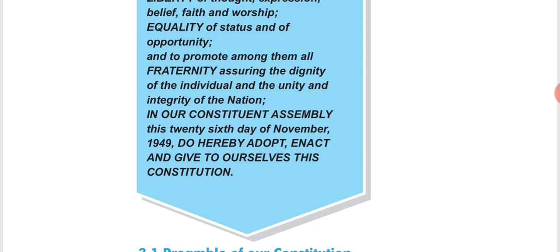We were the happiest people, because if our country did not have a constitution, it would become impossible for us to live our lives with safety.